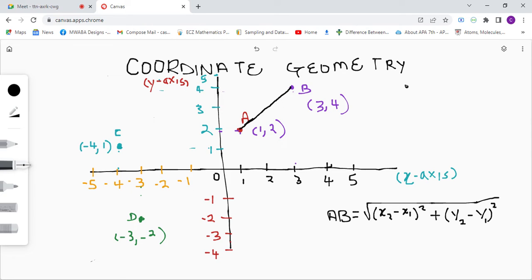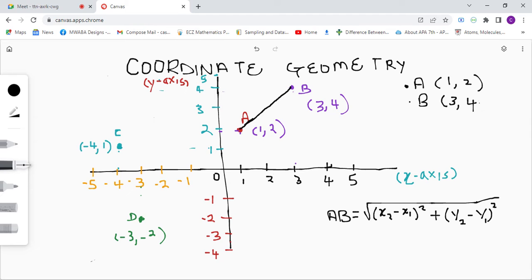So we've got point A here. Our coordinates are 1, 2, and we've got point B. Our coordinates are 3 and 4.